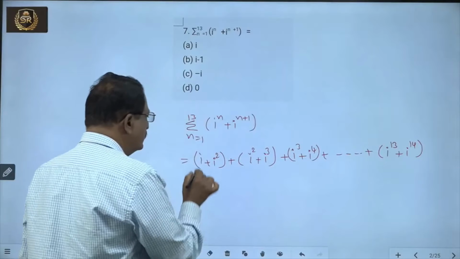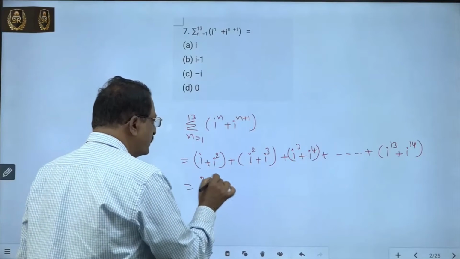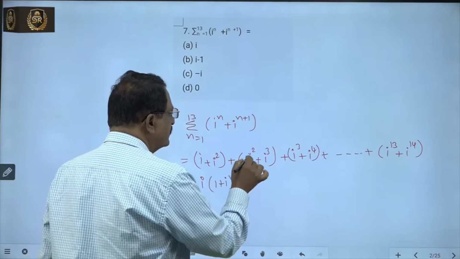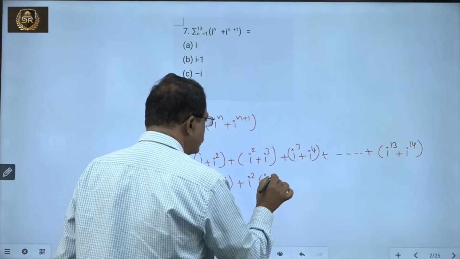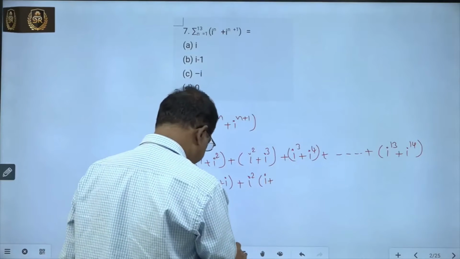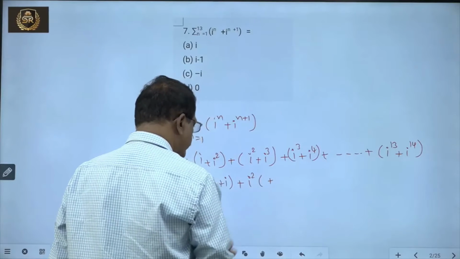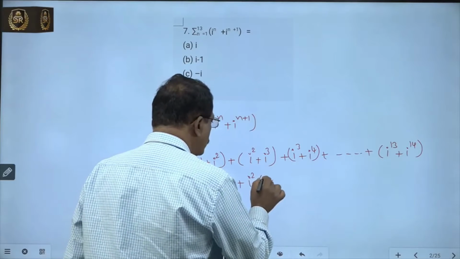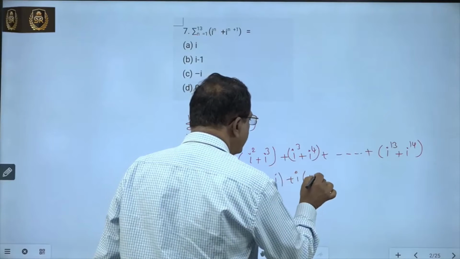Now in this, take i common: i into 1 plus i. Here, take i square common: i square into 1 plus i. Then 1 plus i cube, common 1 plus i.